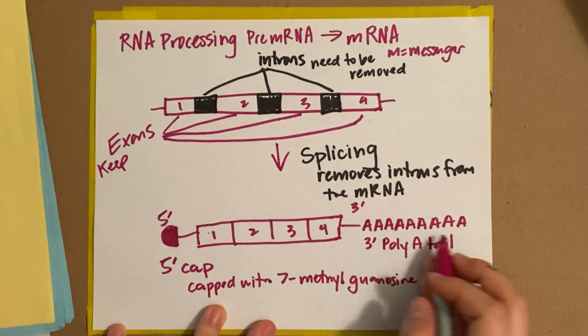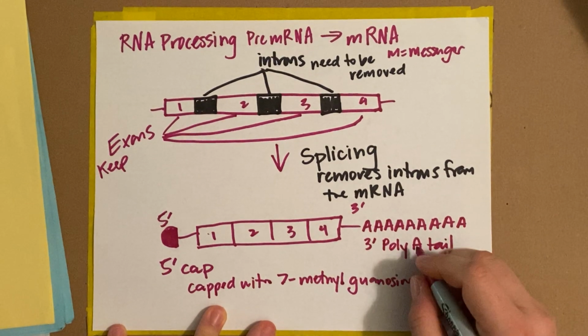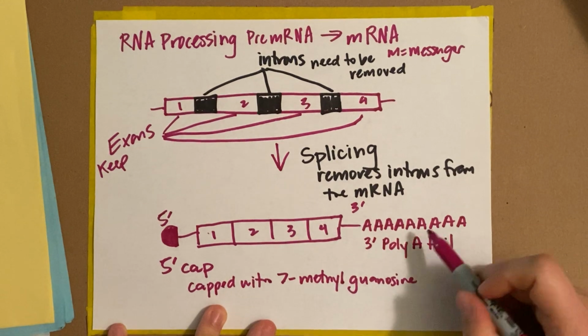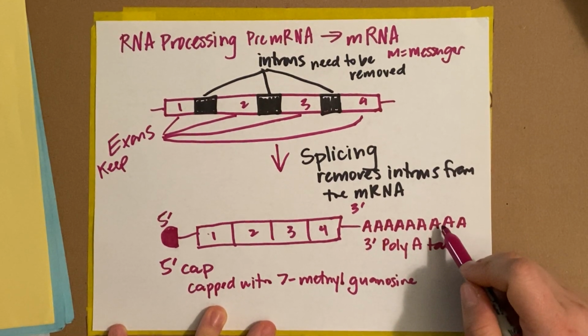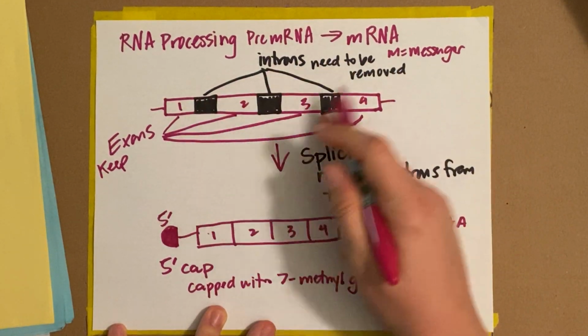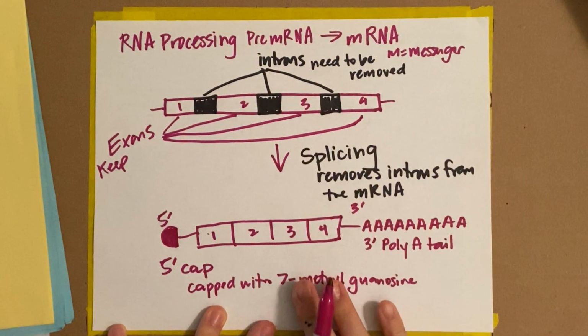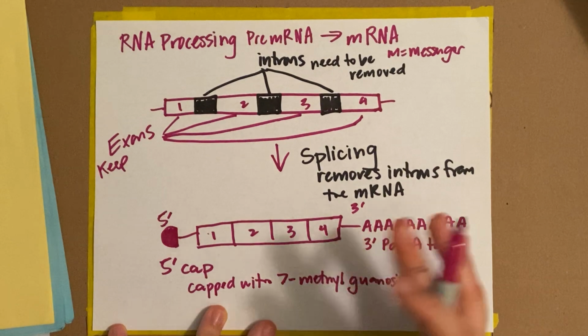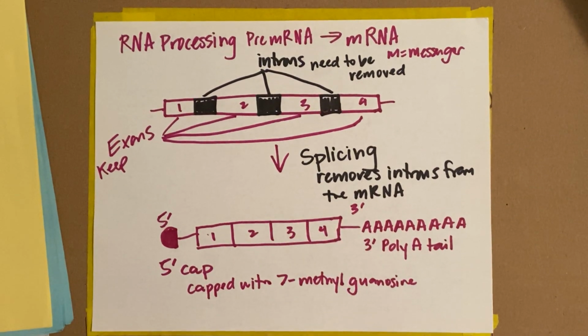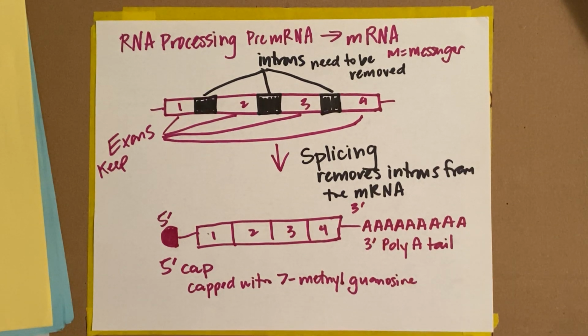Okay, and so this is actually called polyadenylation, but you're just adding a bunch of A's onto the end of the RNA. The cap, the tail, and the removal of introns then make this a mature messenger RNA that's ready to leave the nucleus.